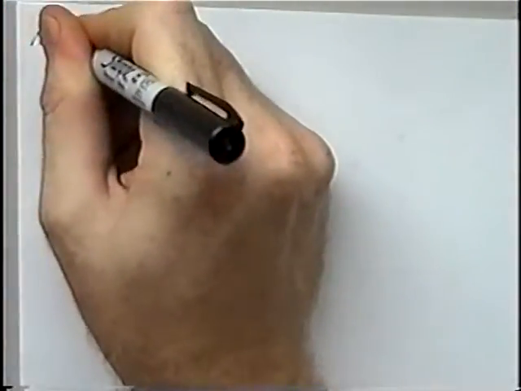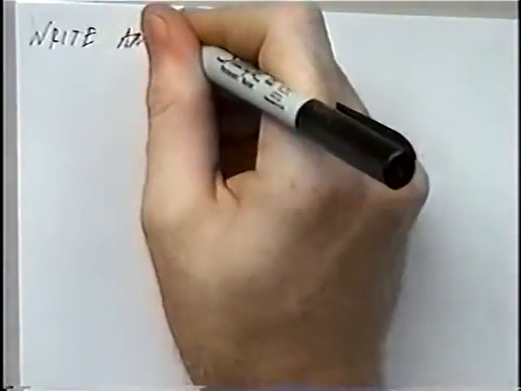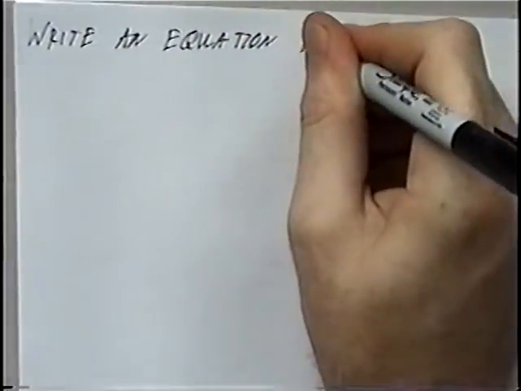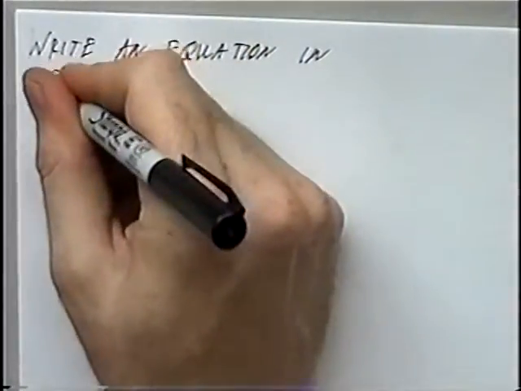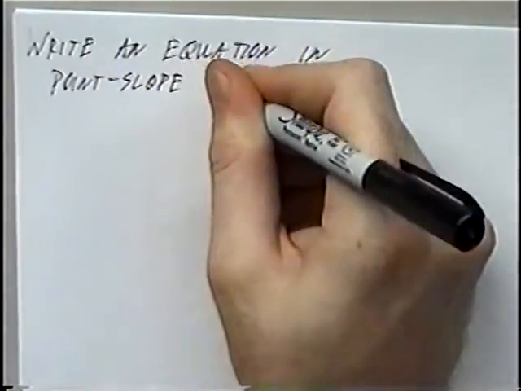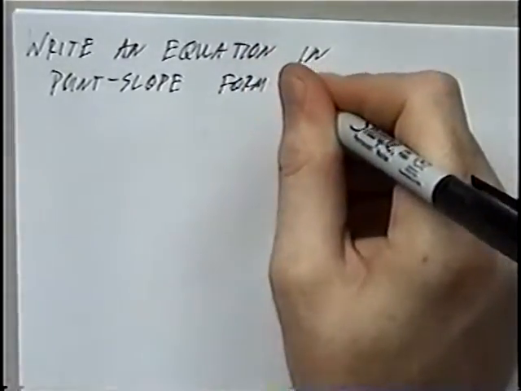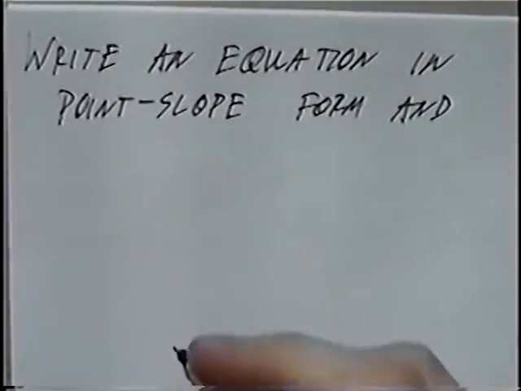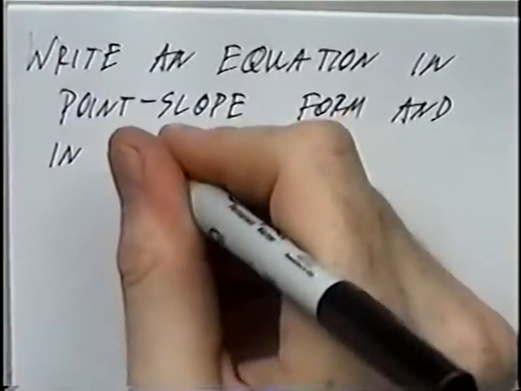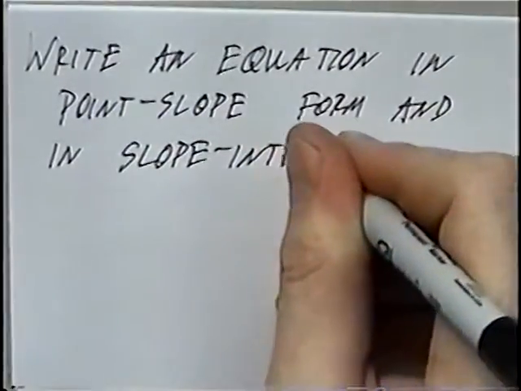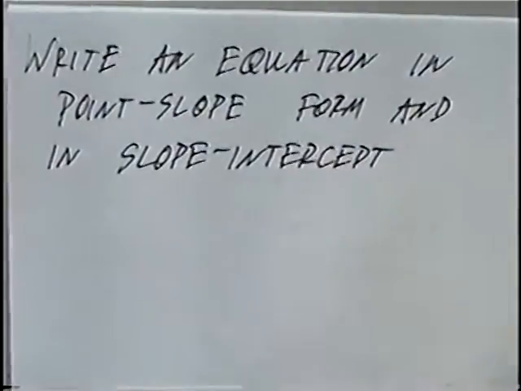Title of the last section today is Write an equation in point slope form and in slope intercept form.